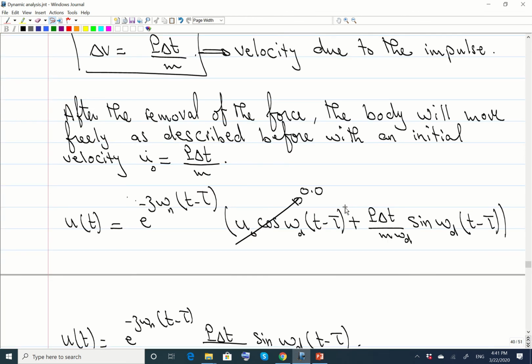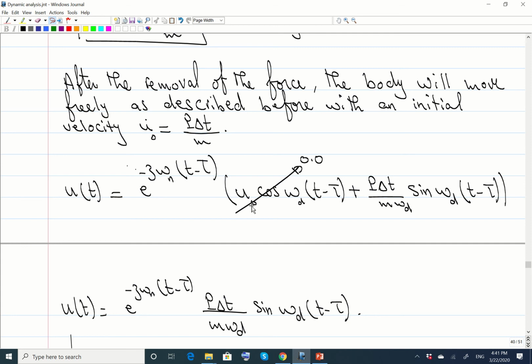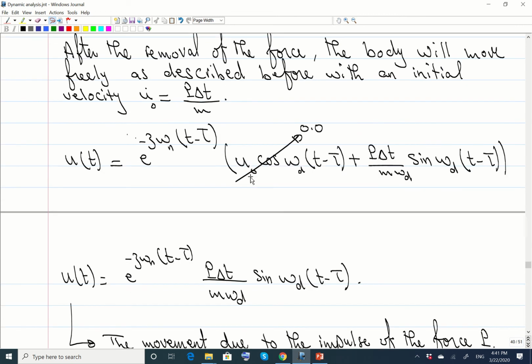If you have an initial velocity and zero force, u of t is going to be e to the power negative zeta omega n (t minus tau), the time from here to there, t minus tau, times u naught cosine omega d (t minus tau). This cancels, this becomes 0 because u naught is 0. There is no initial displacement. But we have an initial velocity, so this is the initial velocity, P delta t divided by m omega d, times sine omega d (t minus tau).